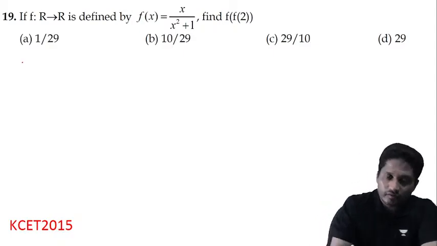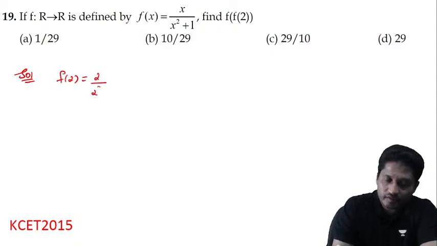f of 2. Suppose I find out f of 2. f of 2 is equal to 2 divided by 2 square plus 1, which is 2 by 5. Now f of f of 2 will be equal to f of 2 by 5.